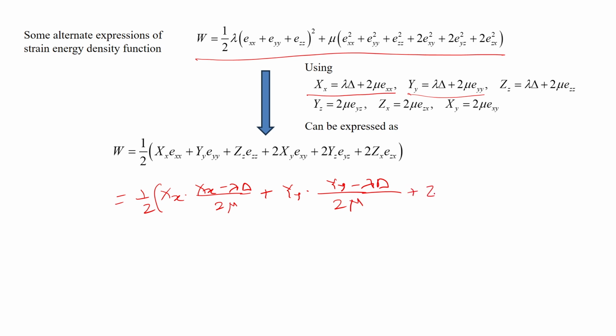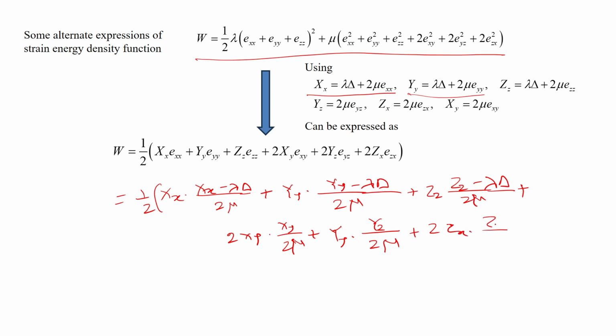plus Ezz will be (σzz minus λΔ) by 2μ, plus 2Exy, and small exy will be equal to σxy divided by 2μ, plus 2Eyz equal to σyz by 2μ, and plus 2Ezx, so Ezx will be σzx by 2μ, like this.